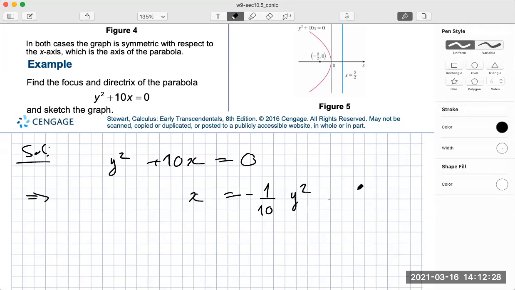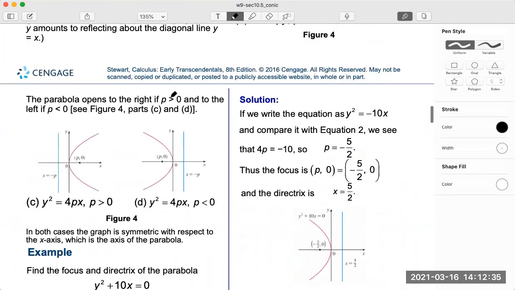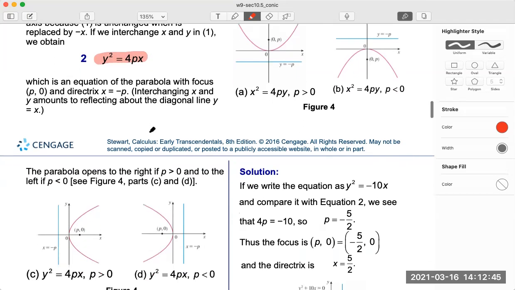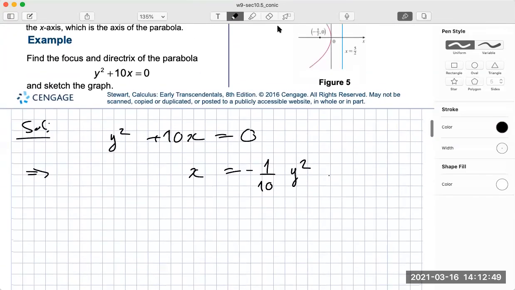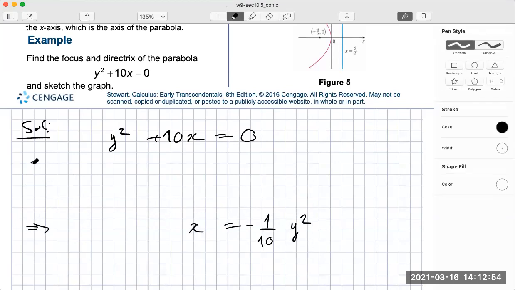That is one way. Or look at this formula here. Can we write this equation in this form? Right, it is negative 10x.